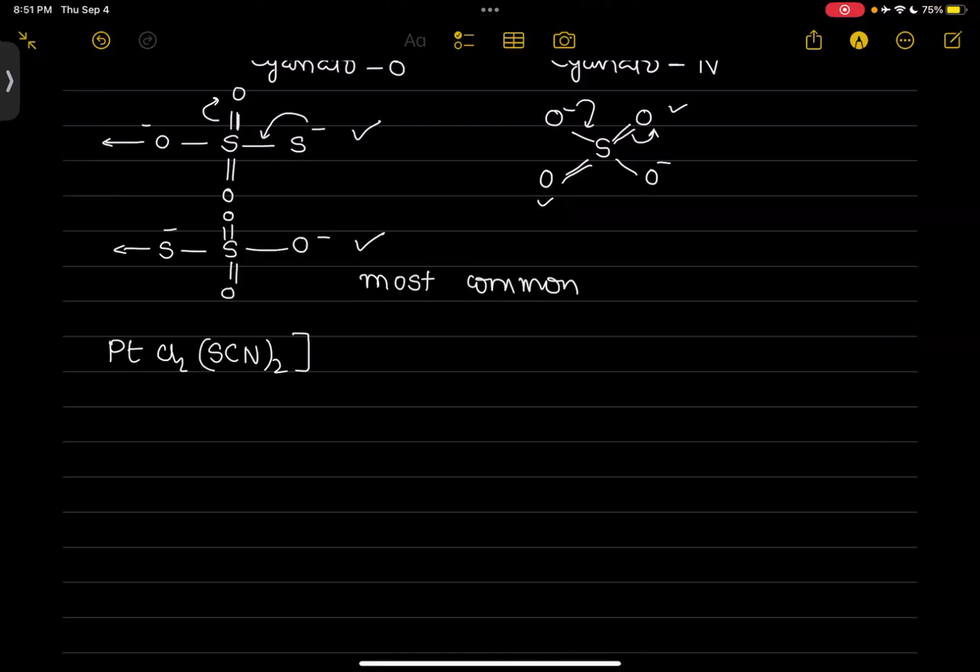Total number of linkage isomers. Can you tell me? You need to write the formulas.